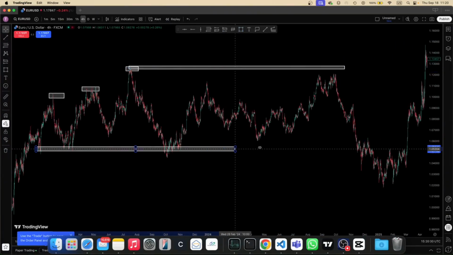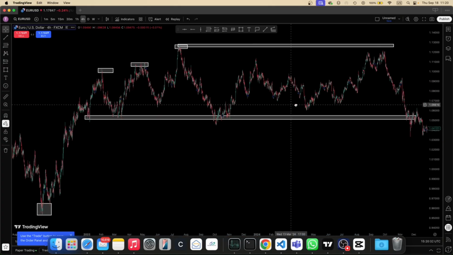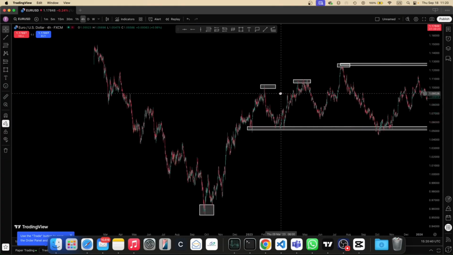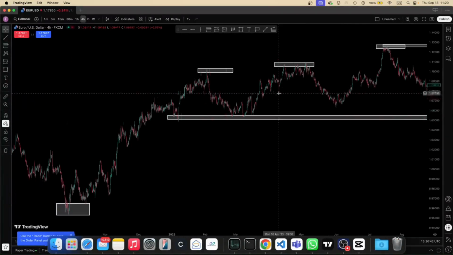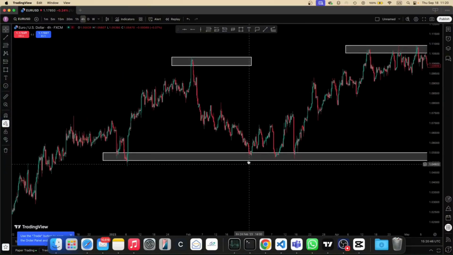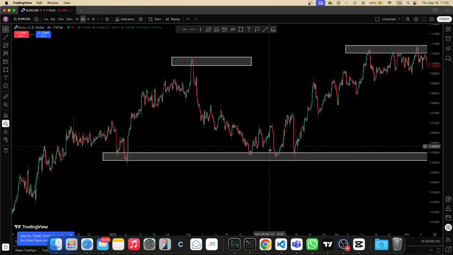Let's extend it here. You see, those people who bought here, price went up, came back to the same point. If there were a lot of sellers, they would have easily broken this, but you see there is a struggle. Buyers tried to push, sellers came in.